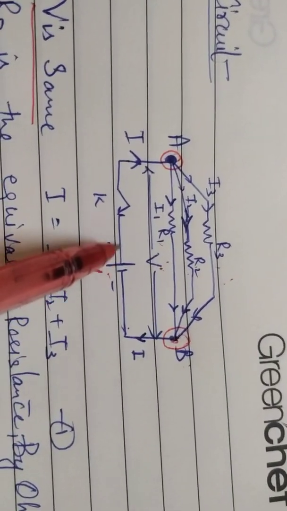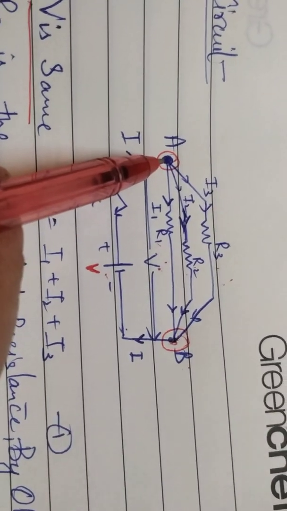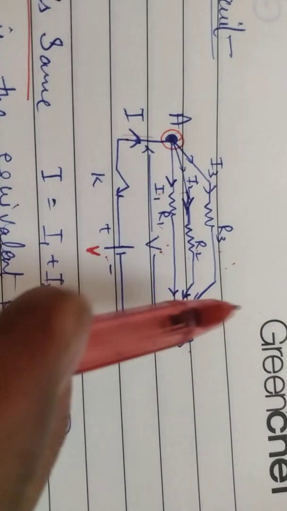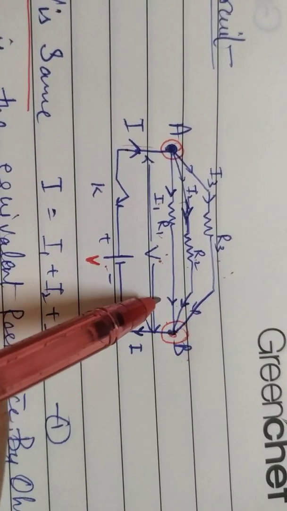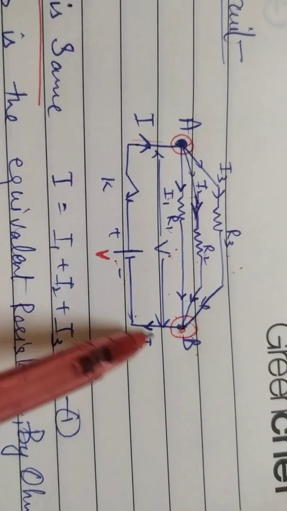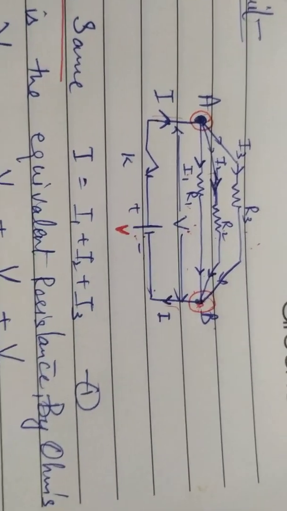Let us talk about current. If current I starts flowing from here, then at this junction it gets divided into I1 plus I2 plus I3. And at this junction it again combines, and in the outer circuit again current I is flowing in this main line.